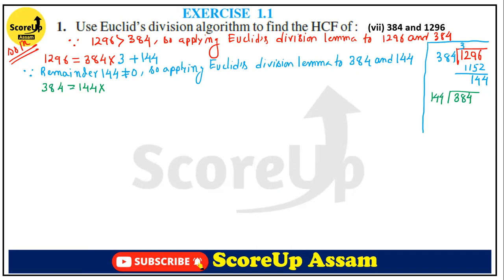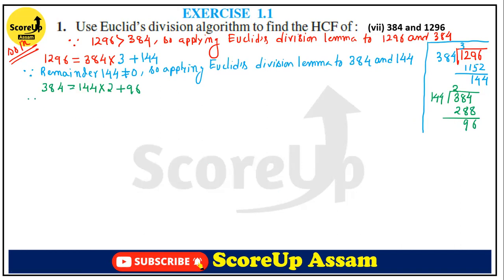It will go 2 times. So it will be 288. Now here it is 6. Here it is 9, 96. So 144 into 2 plus 96.